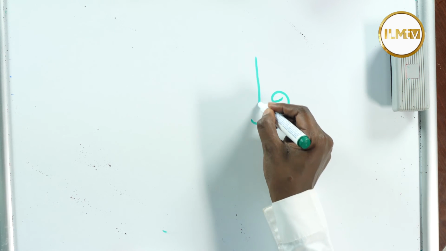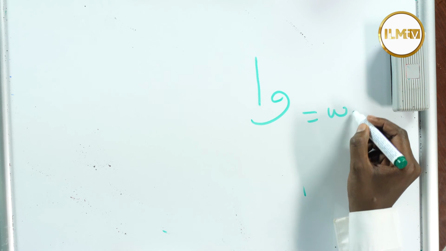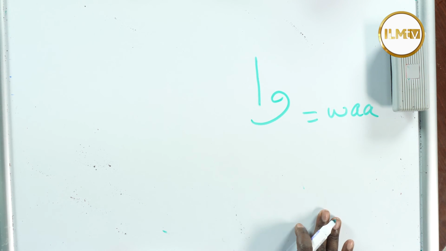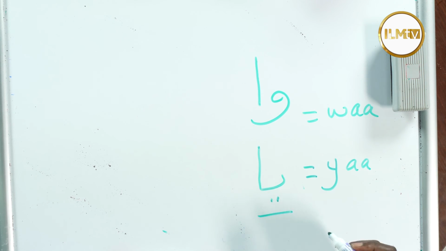Now, we've seen waw and ya with alif. Waw and alif becomes a W and a double A. Wa, that's easy. Ya and alif becomes Y and double A. Ya, that was easy.